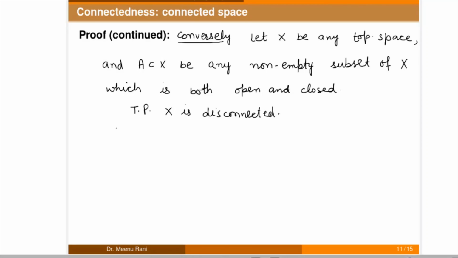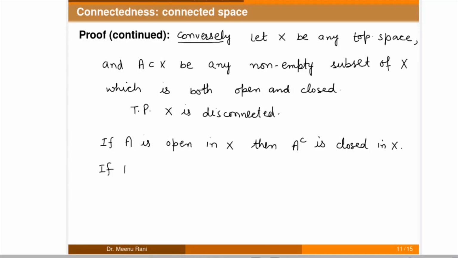So now we have taken A is a subset of X which is both open and closed. If A is open in X, then A complement is closed, and also A is closed.